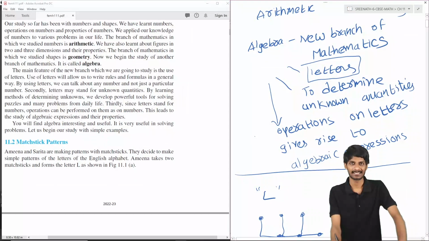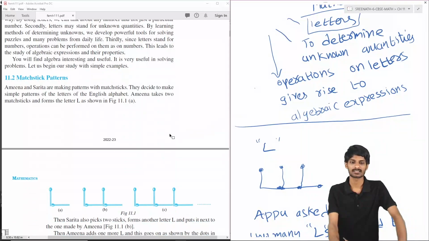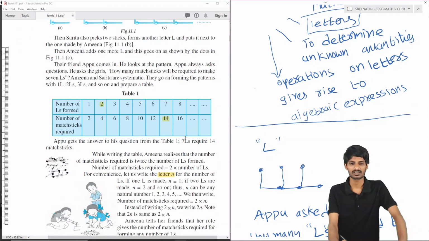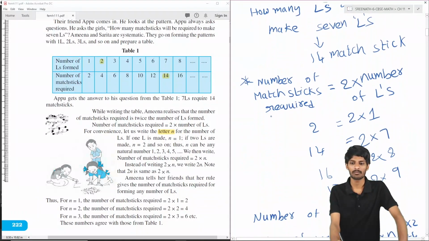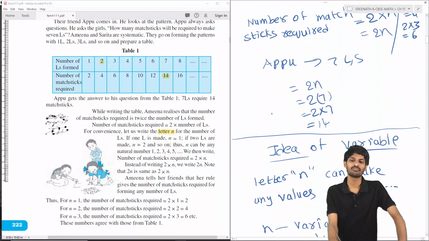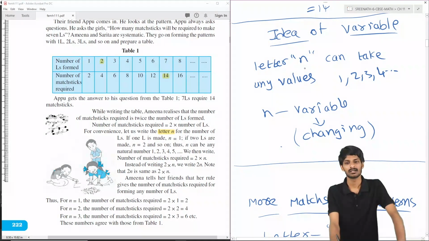We discuss letters in this, and the letters are unknown values, and they are used to form operations also. By using a single pattern, we come up with the need for variables, and finally the idea of a variable. Letter n represents it.